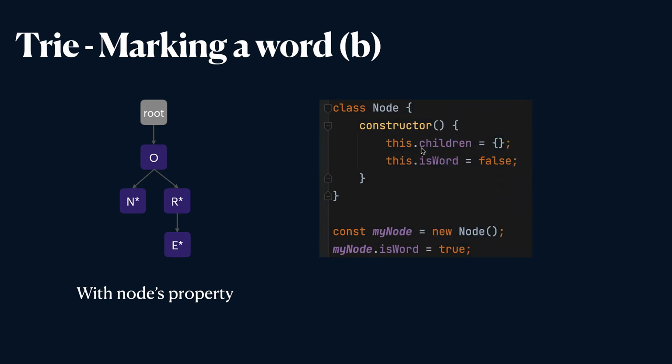So we have this constructor children as before, and we have the property is word, which is false by default, but then we can mark it as true, or we can have it as part of the signature of our constructor. It doesn't matter much, but still the idea is just to use another property.